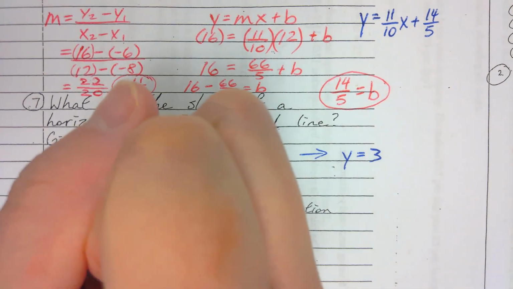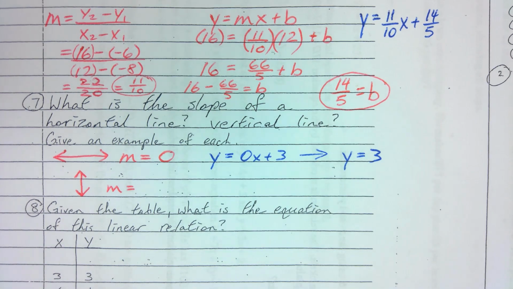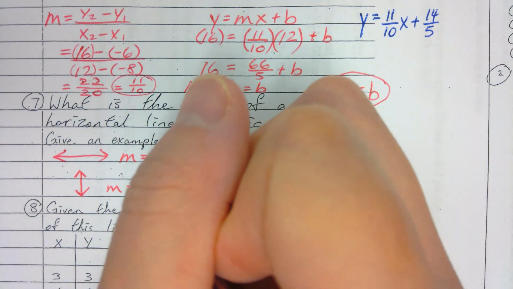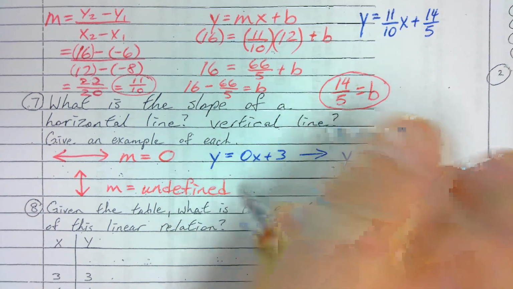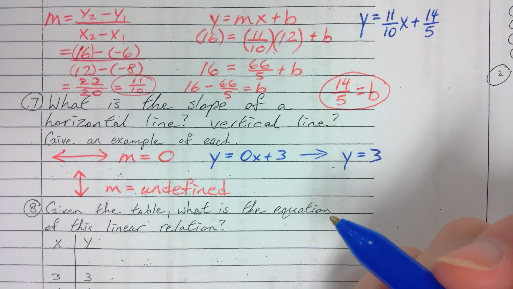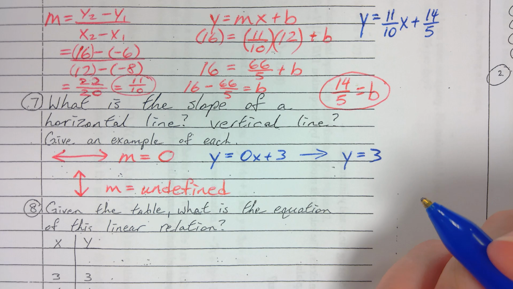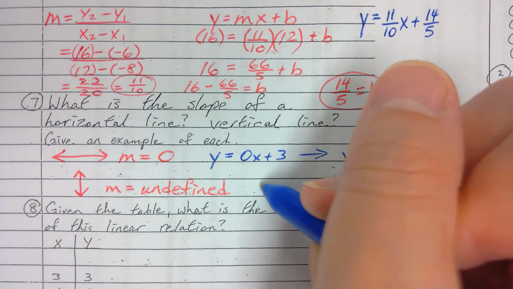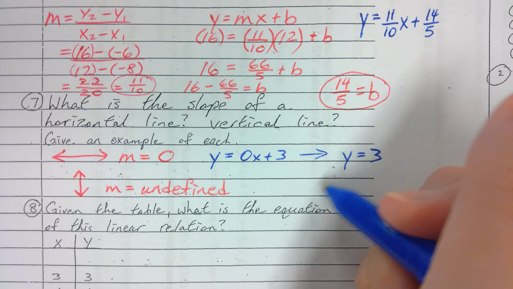What about a vertical line? What's my slope for vertical lines? Liana? Undefined. And an equation for an undefined slope? So you have y equals 4 over 0x plus something.